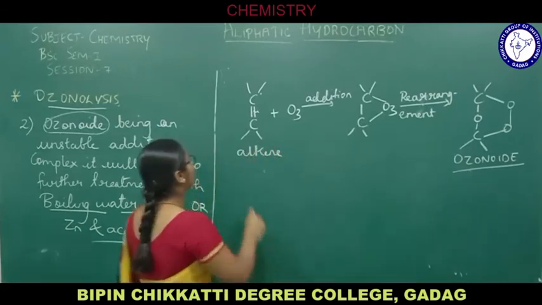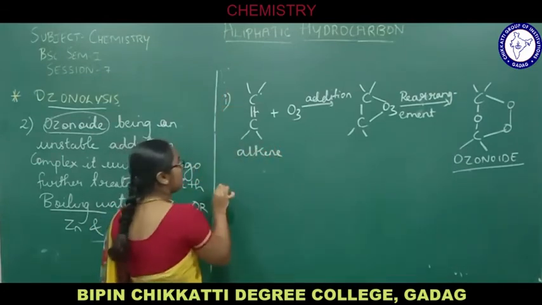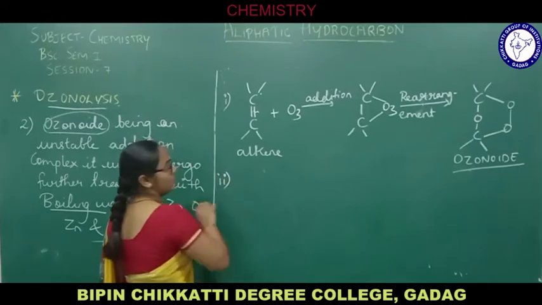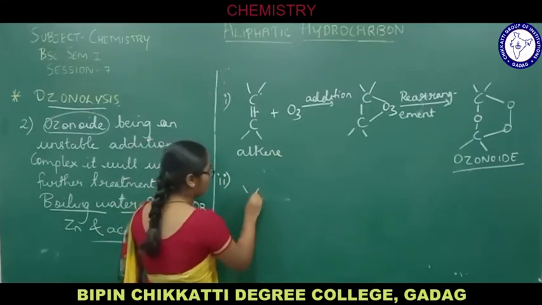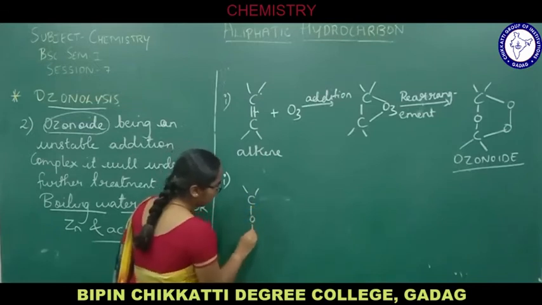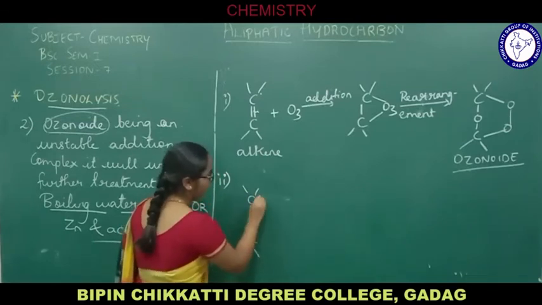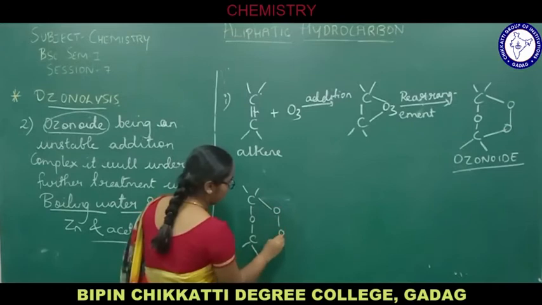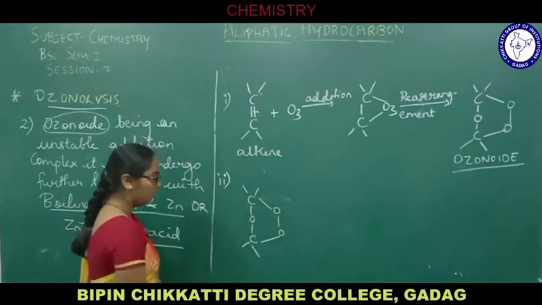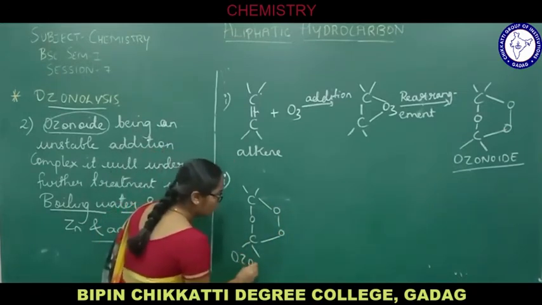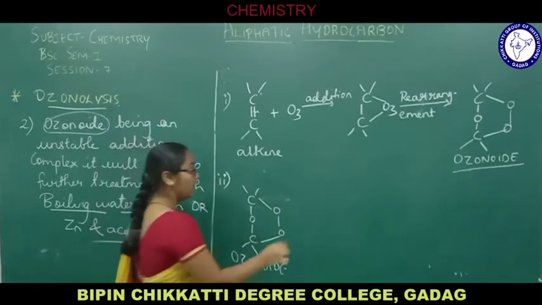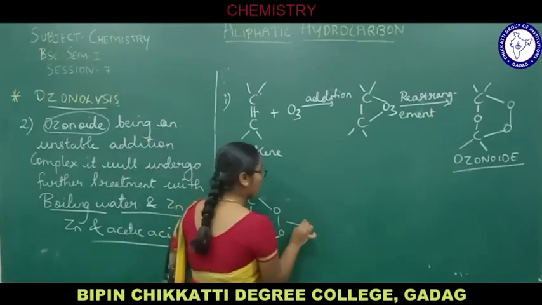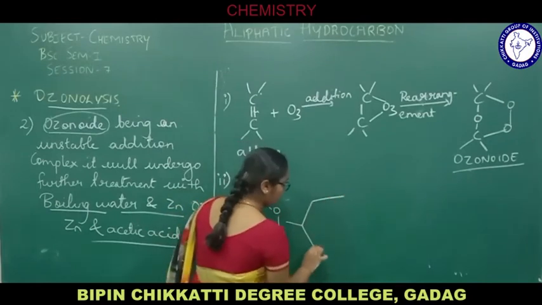So let's write down the second step. This is the first step. Now in the second step, the ozonoid, the addition complex, we'll draw one more time. So this is the ozonoid. Now this ozonoid, being unstable, will undergo reaction in two ways.